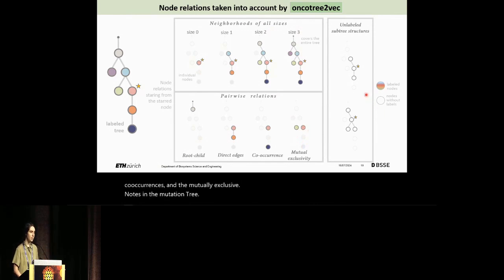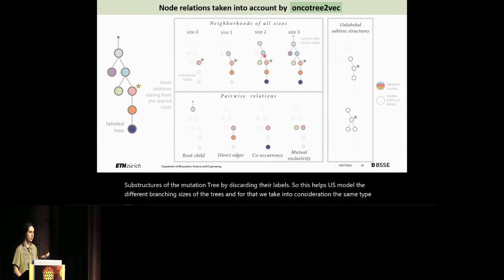In addition, we take into consideration substructures of the mutation tree by discarding their labels. This helps us model the different branching sizes of the trees. For that, we take into consideration the same type of neighborhoods as I mentioned before, but this time we discard the labels.